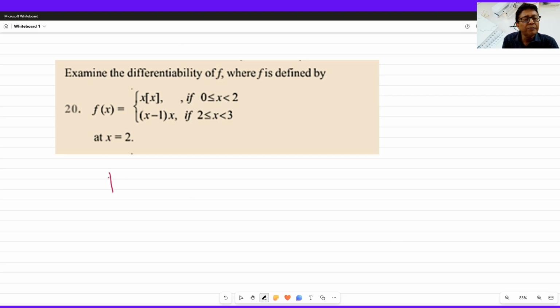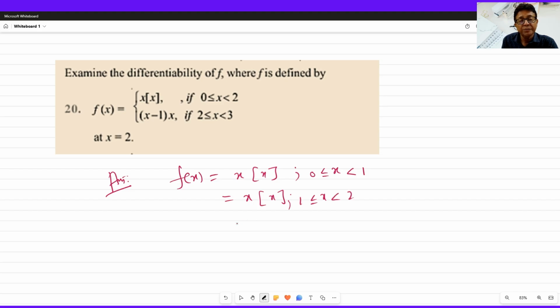Whenever this kind of problem arises, you will always rewrite the function. f(x) equal to x into modulo x under what condition? Because 0 to 2 whole thing is covered, so you will write 1 here. This is one interval where modulo x can be defined, and this one also we can define in the interval greater than or equal to 1 and less than 2.